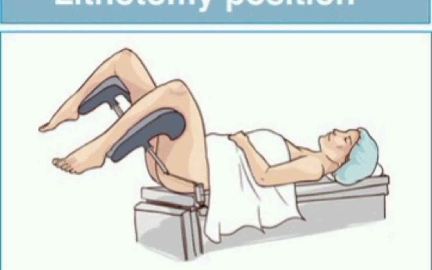The patient position in this ultrasound, TVS, is performed ideally on a gynecological examination table with the patient in a lithotomy position. The position enables free and unobstructed movement of the probe in both vertical and horizontal direction.